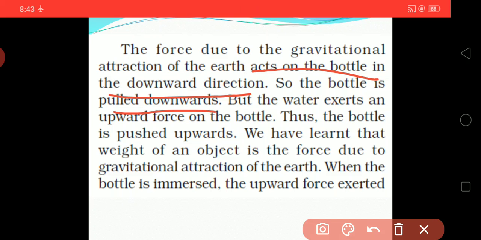But the water exerts an upward force on the bottle, thus the bottle goes upward.